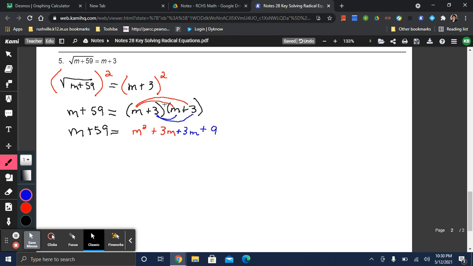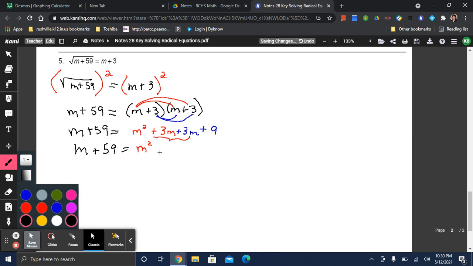So that we take m times both of these and 3 times both of these. All right, so that's m plus 59 equals, and then on this side, we'll have m to the second. These two are going to combine to give us 6m and then plus 9.